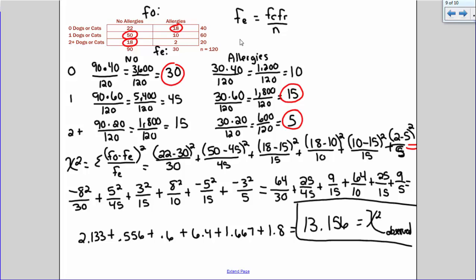So if we are looking at the null hypothesis saying there's no relationship, then 30 of the people with 0 cats and dogs should have had no allergies. We only saw 22. Then if we look at the people who did have pets, more had no allergies than what we would expect to see if there was no relationship.